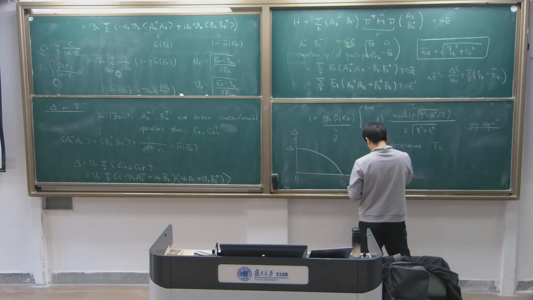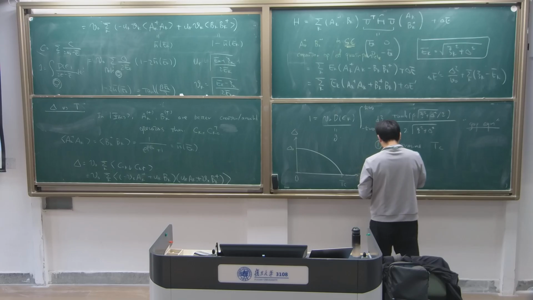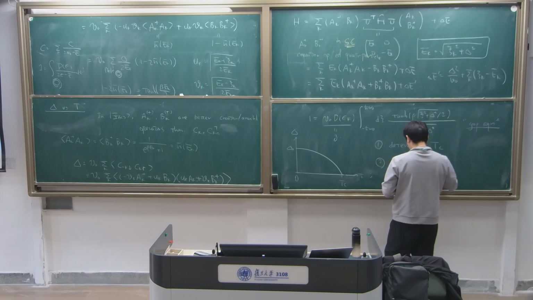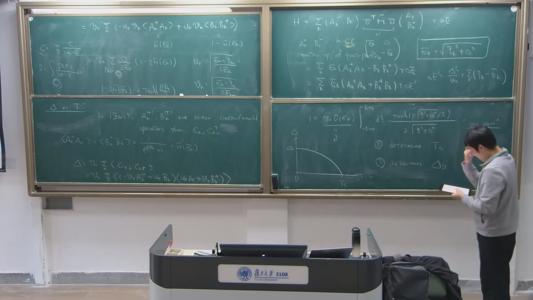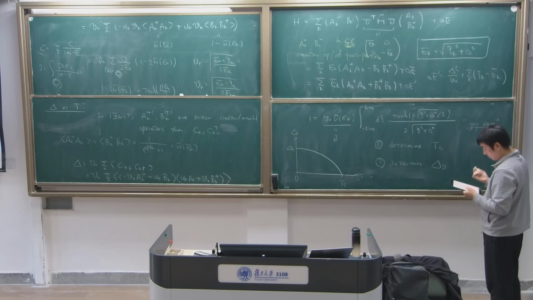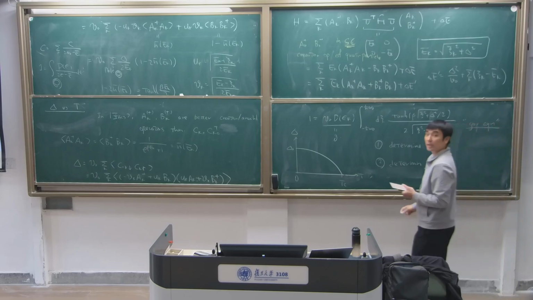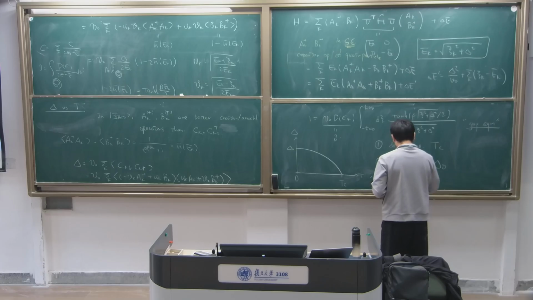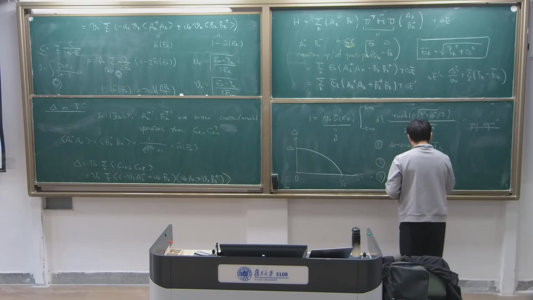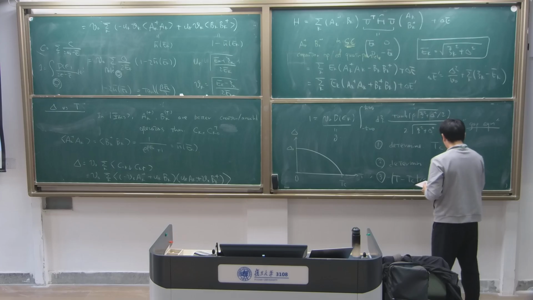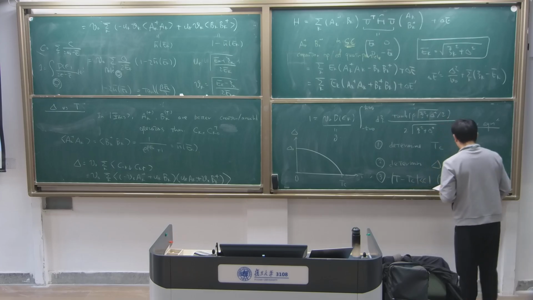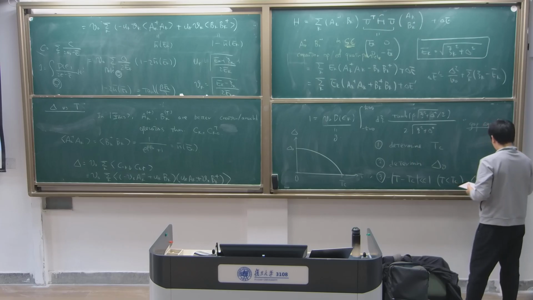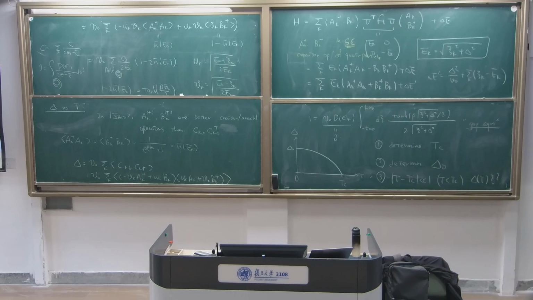Number two, determine delta at zero temperature. And then number three, for other T, when T is less than TC, how delta of T behaves as a function. So we will ask these three questions.